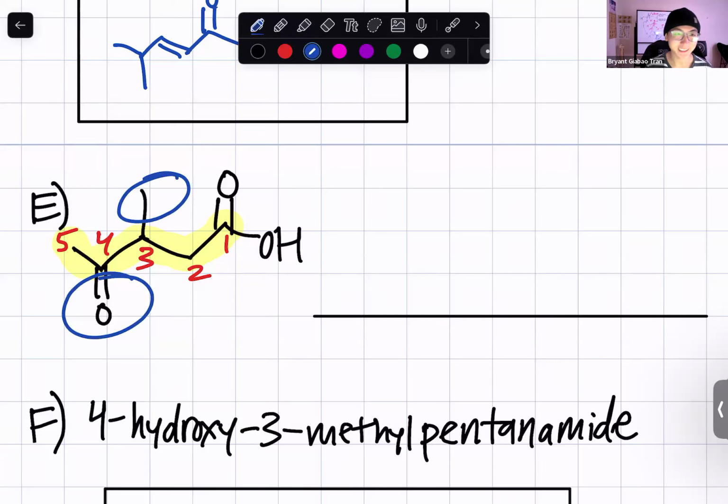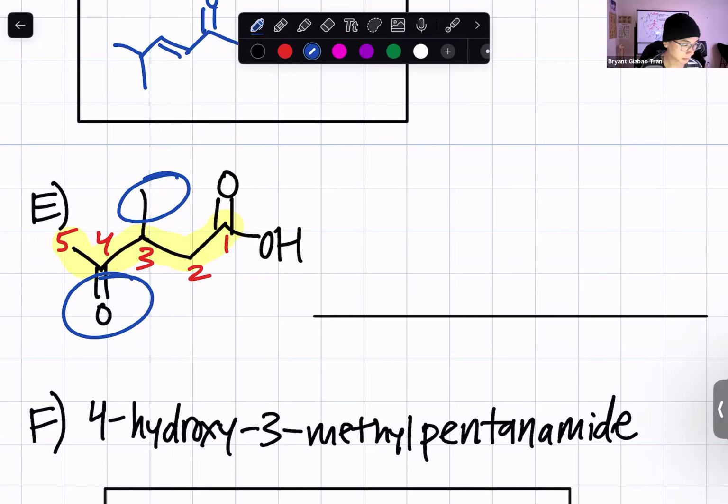Okay, now let's name this. So how would you name this structure here?